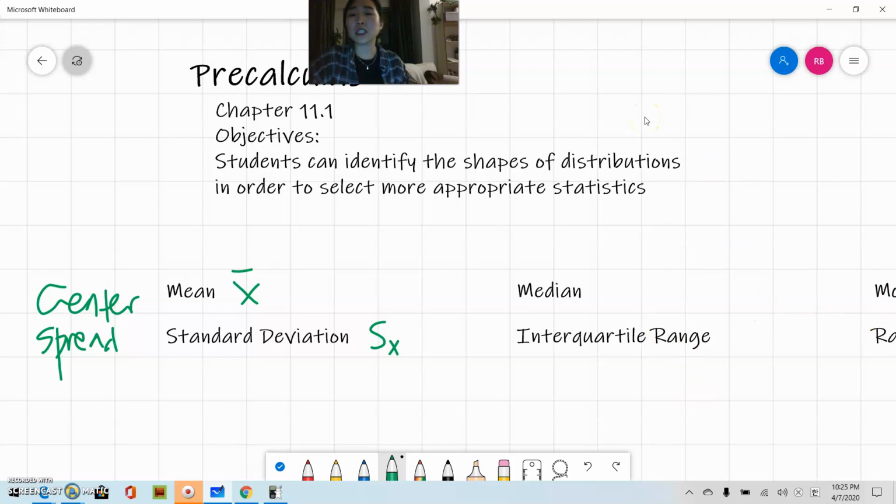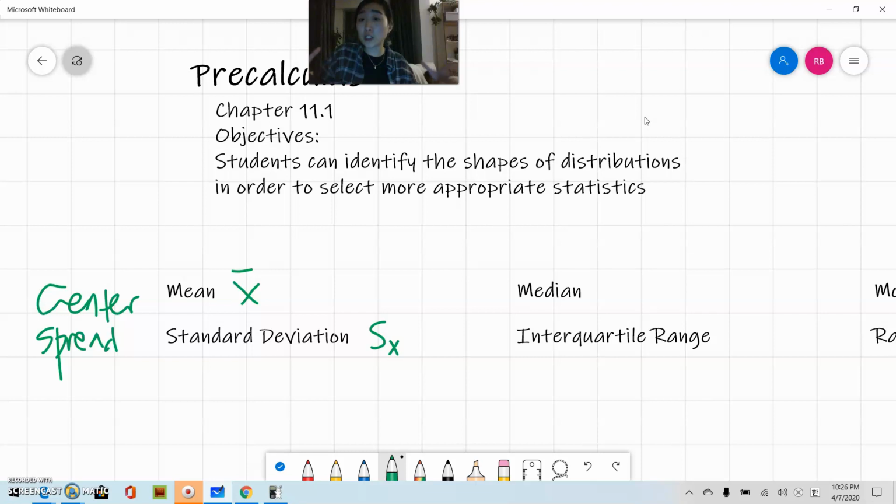And standard deviation is a little bit hard to define exactly. Even if I define it, you might wonder what that really means. Think of it as how dispersed, how spread out your data is from the mean. That's what standard deviation is. So if you have a small standard deviation, that means all your values are pretty close together.